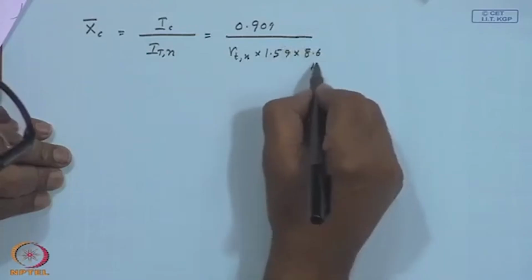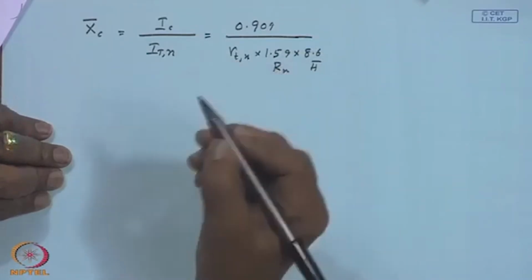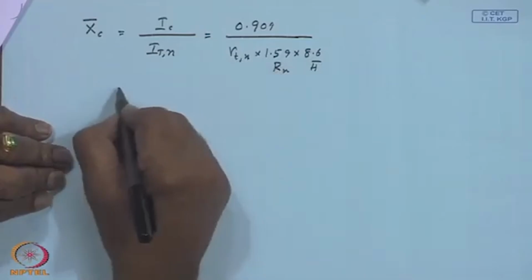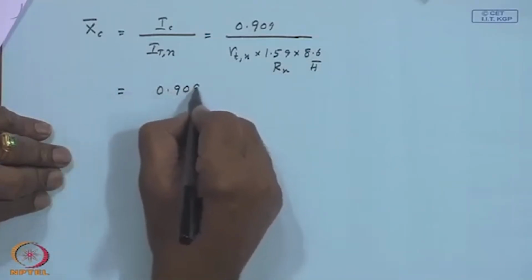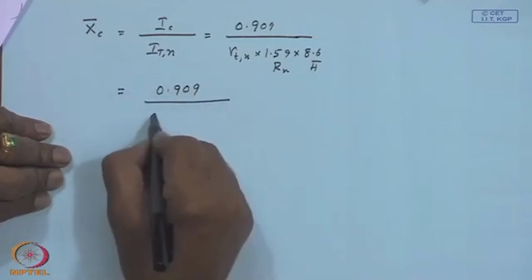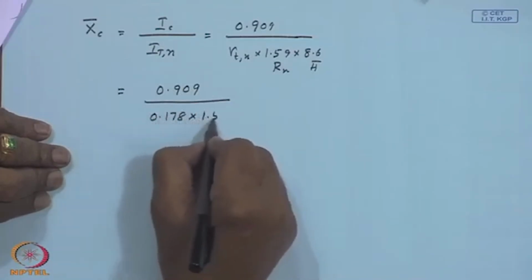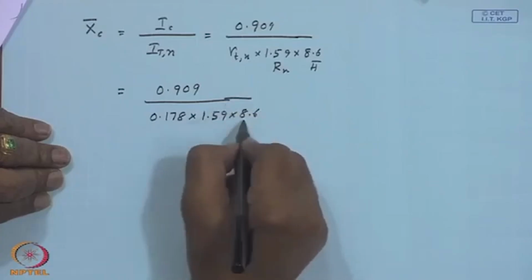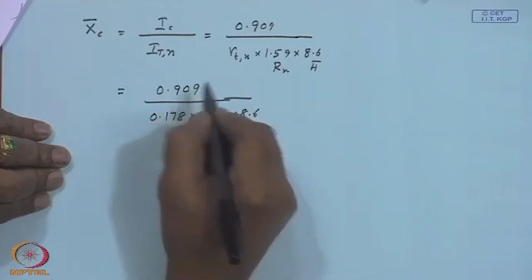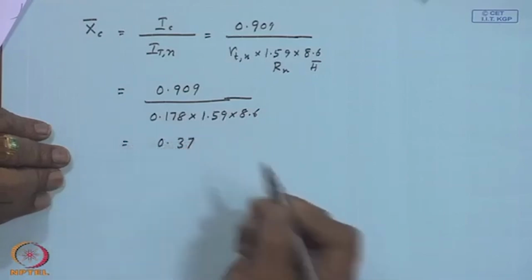This is H bar, R n and R t n. So, this will be 0.909 by 0.178 into 1.59 into 8.6. This is in megajoules, this is also in megajoules. So, I had no problem, 0.37.